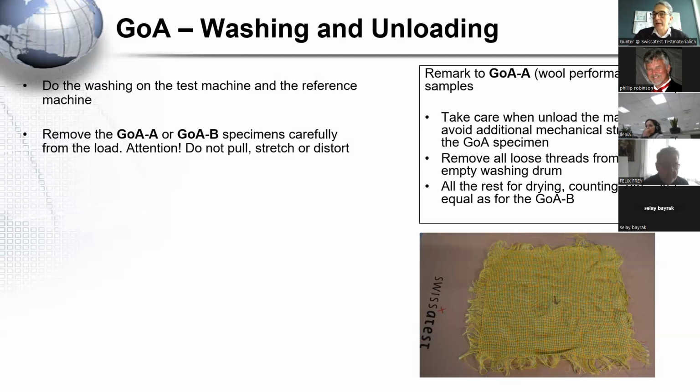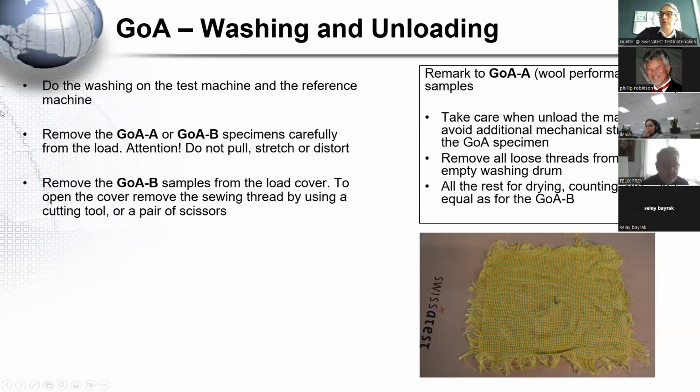Take care also here that you don't stress the fabric, the specimen, too much. After you remove the load from the drum, from the washing machine, remove all loose threads from the empty wash drum. Don't leave them in there. And all the rest, the drying, the counting, etc., is equal to the GoA B with the cover.